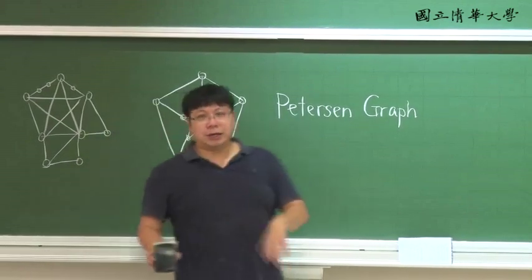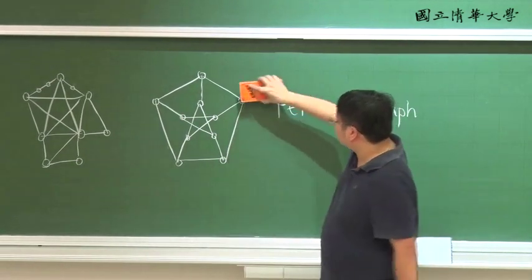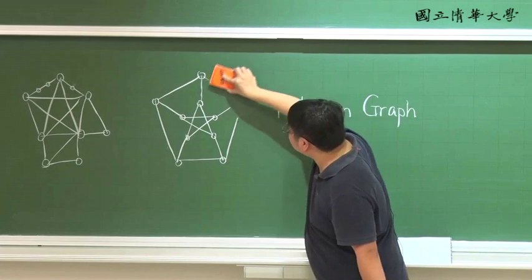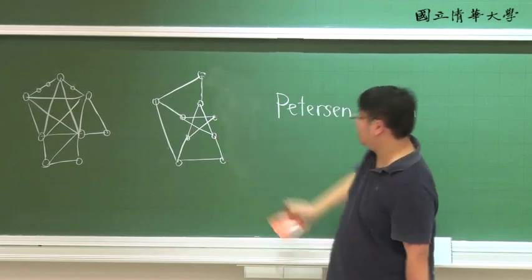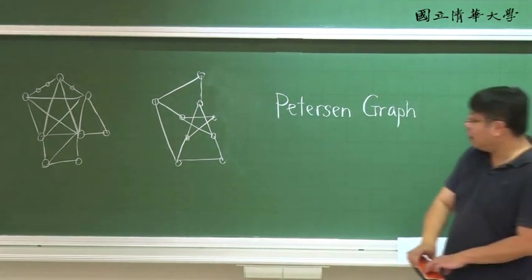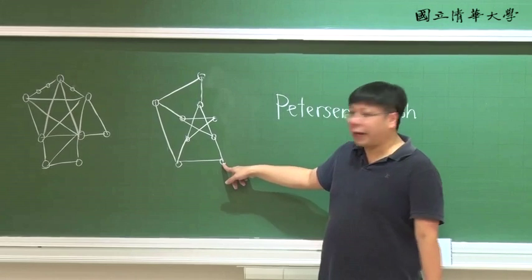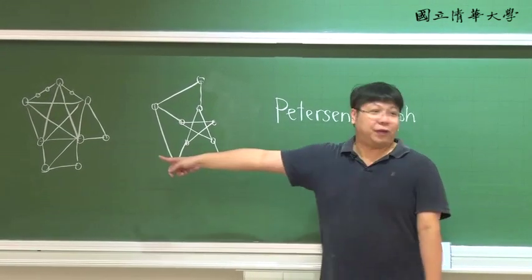So let us remove this vertex, and remove all the edges joining to it. Now, if you look at this vertex, it is now degree 2. Am I correct? So let us smooth it.